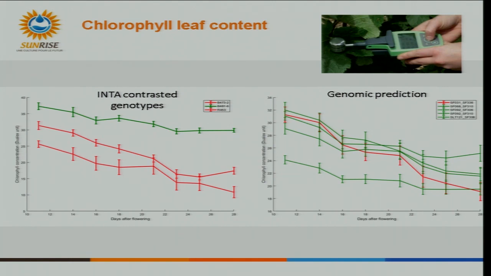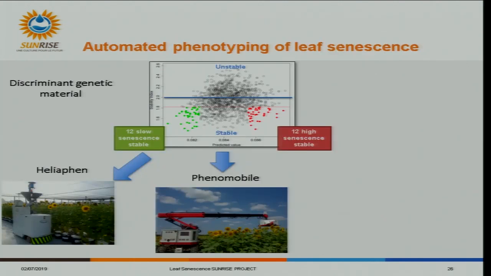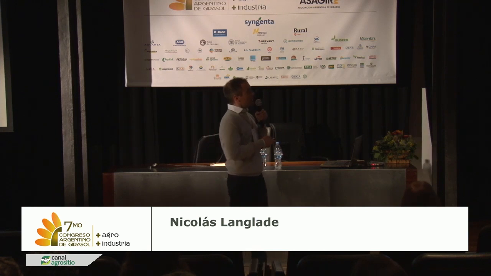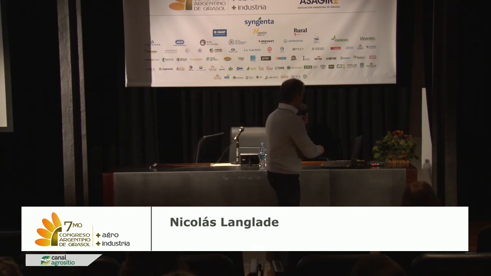Another tool that we're developing for phenotyping is the Phenomobile. With the Phenomobile, we want to phenotype senescence and traits in the field, and here again I have a little movie.